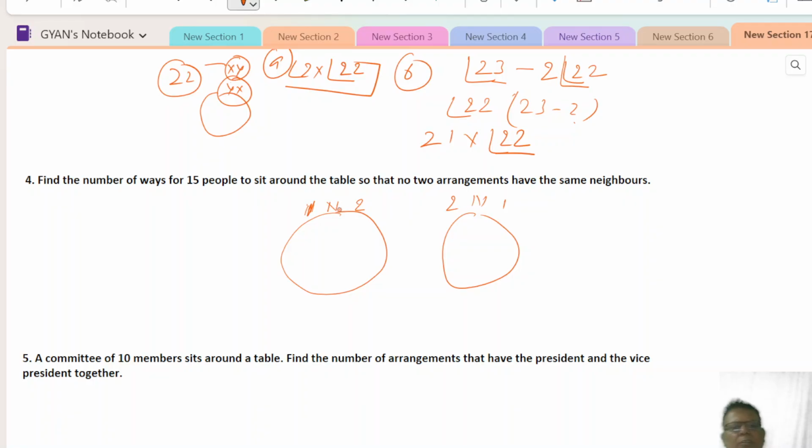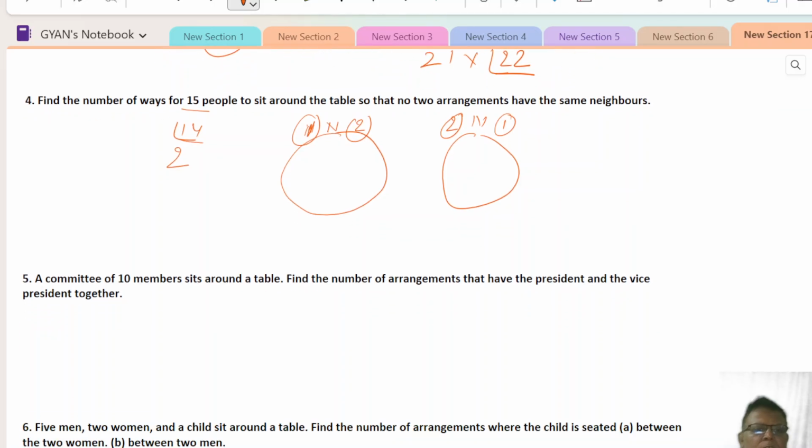That means clockwise and anti-clockwise arrangements are to be restricted. So this can be done by factorial 14, and these two are considered one because the other is not possible. So that is divided by 2. So the answer will be factorial 14 by factorial 2.